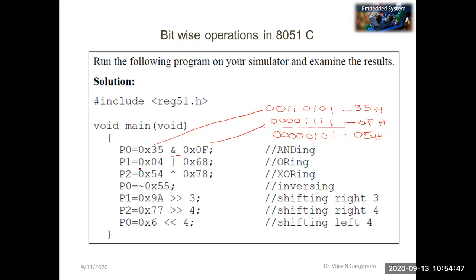Got it? Okay. Now the next operation is P1 = 0x04 | 0x68, and this single bar means a bitwise OR operator.